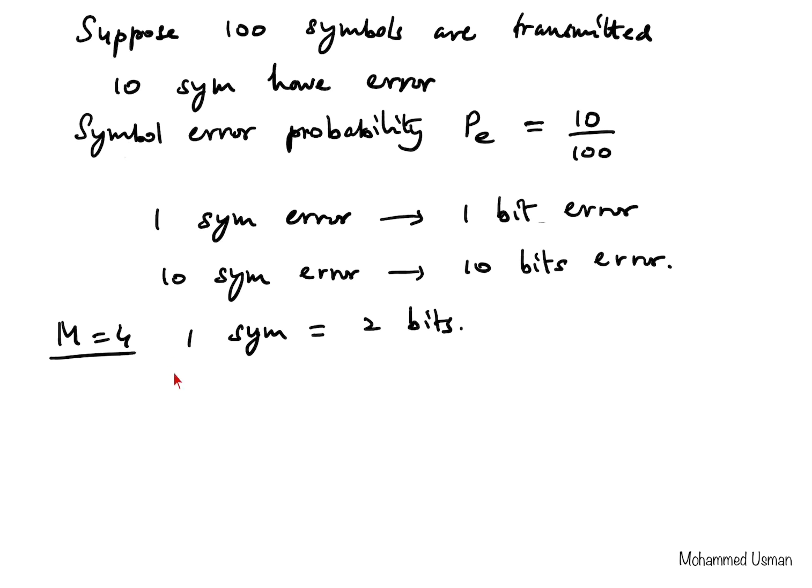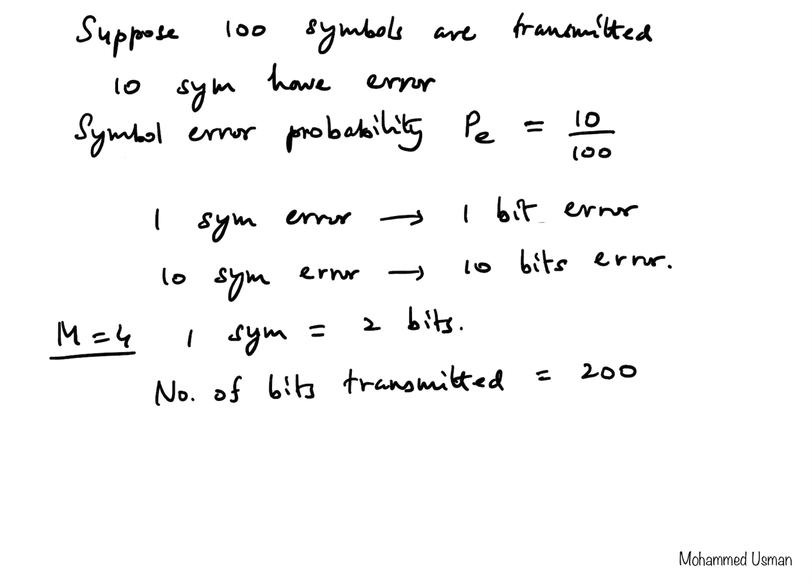So the number of bits transmitted is equal to 200. So out of the 200 bits that have been transmitted, there are 10 bits in error. So we transmitted 100 symbols with m equal to 4.